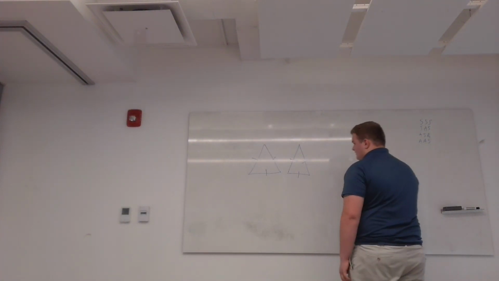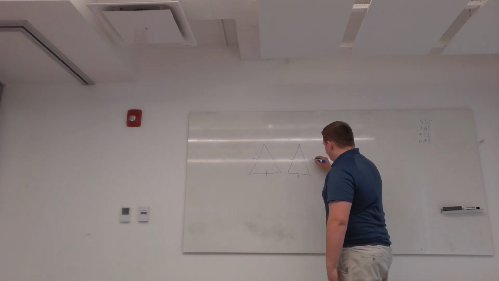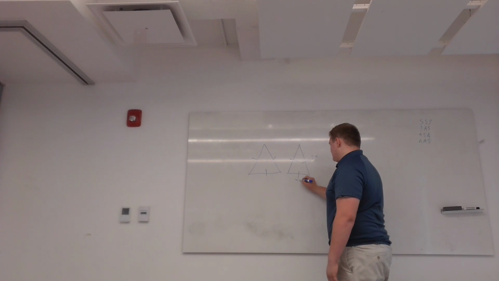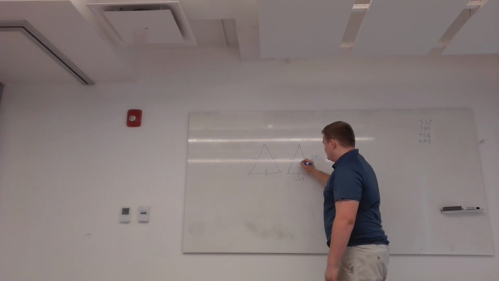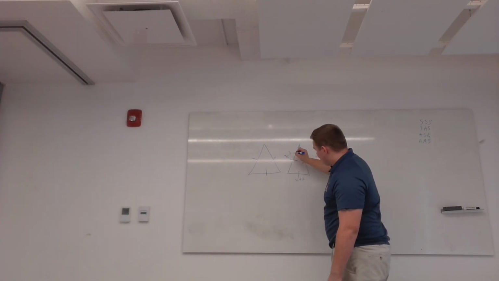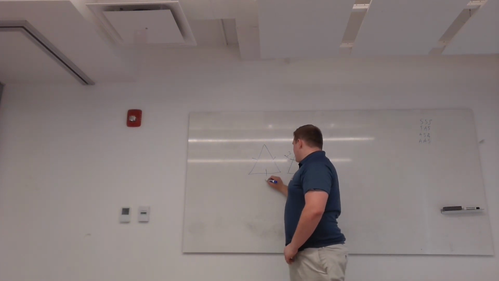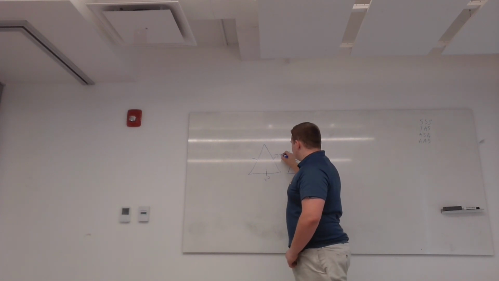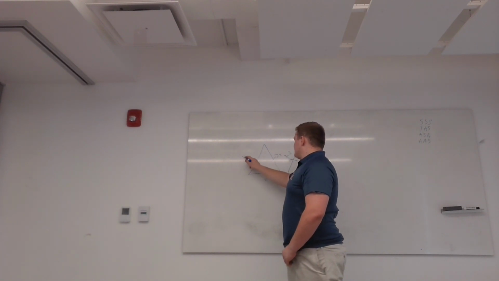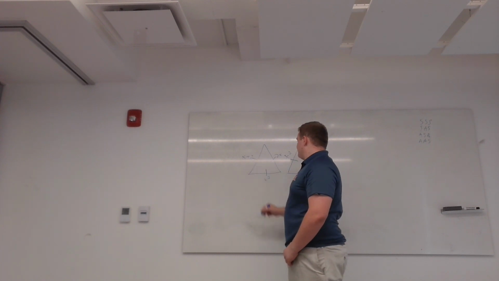For a little example, I'm going to say 2x, x plus 2, and x squared. On this triangle, I'm going to put x squared, 2x, x plus 2.